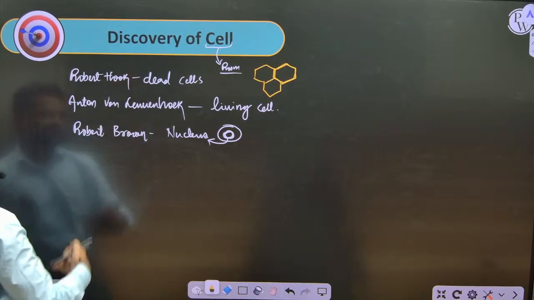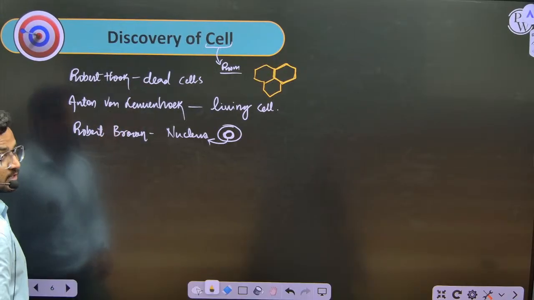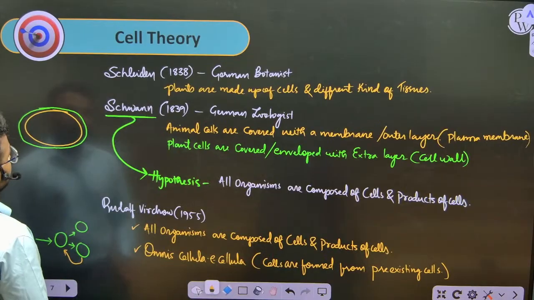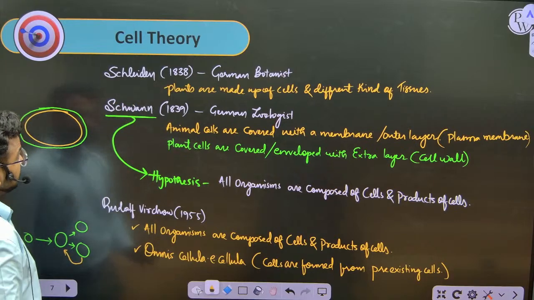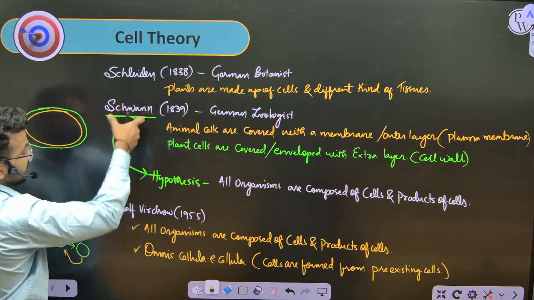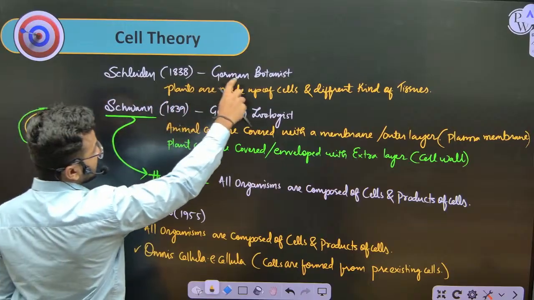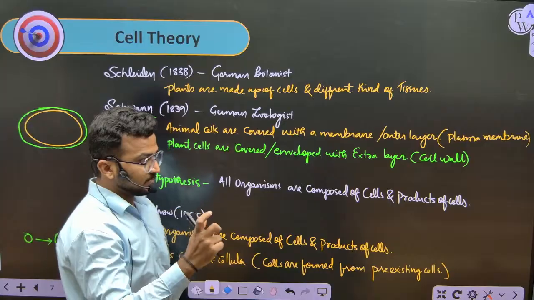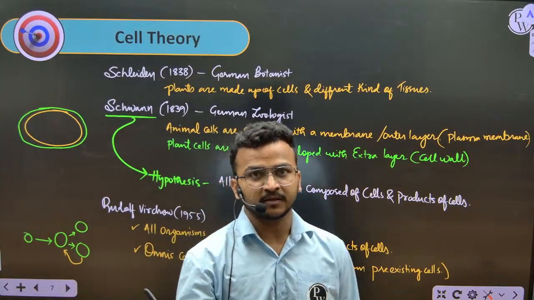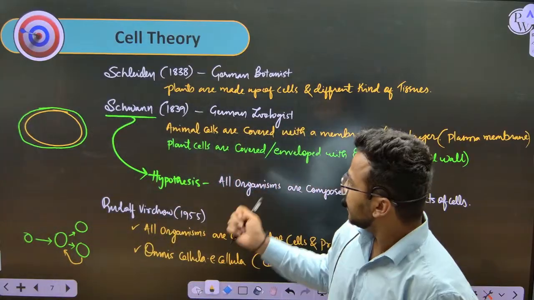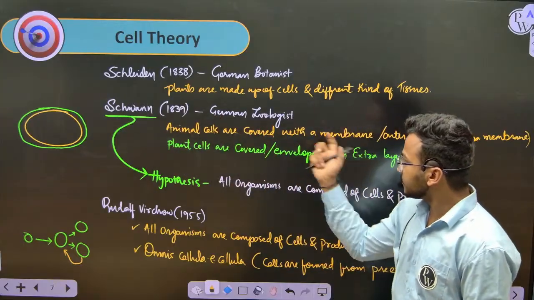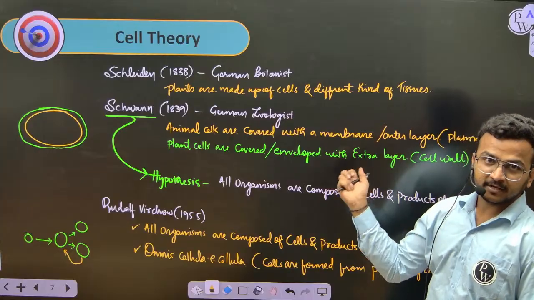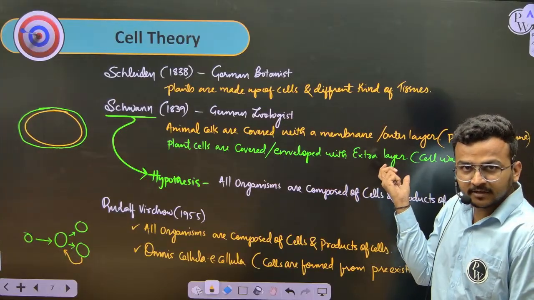There are a number of scientists involved in the discovery of the cell. The cell theory was formulated by Schleiden and Schwann. Schleiden, a German botanist, stated that all plants are made up of different types of cells and tissues. Schwann stated that animal cells are covered with a layer or membrane, what we know today as the plasma membrane.